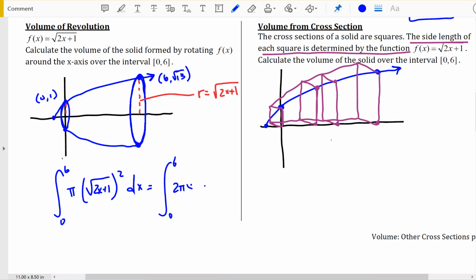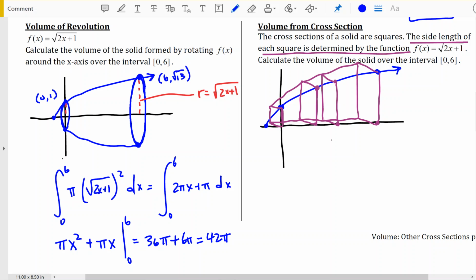And then we just need to do this definite integral problem. So 2 pi x becomes x squared, and dividing by 2, we're left with pi x squared, plus pi is going to be pi times x. We're going from 0 to 6, and so we get 36 pi plus 6 pi, which will equal 42 pi.